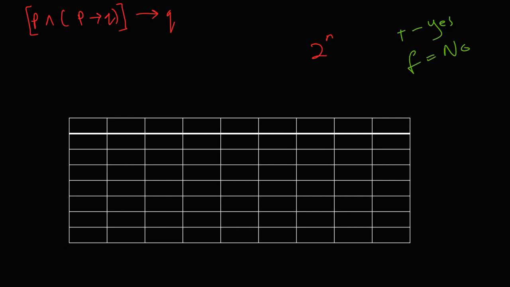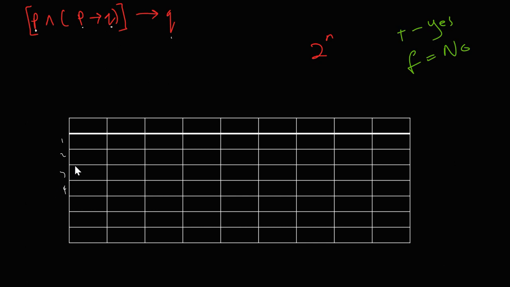This one, how many variables or inputs do we have? We have P, P, P, and Q. That means we have two, because the other one is Q again. So it's 2 power 2 is 4, that means we're going to have 4 rows. 1, 2, 3, 4.